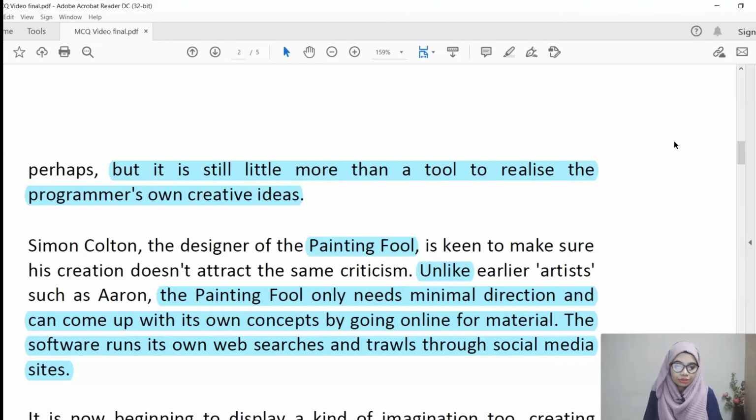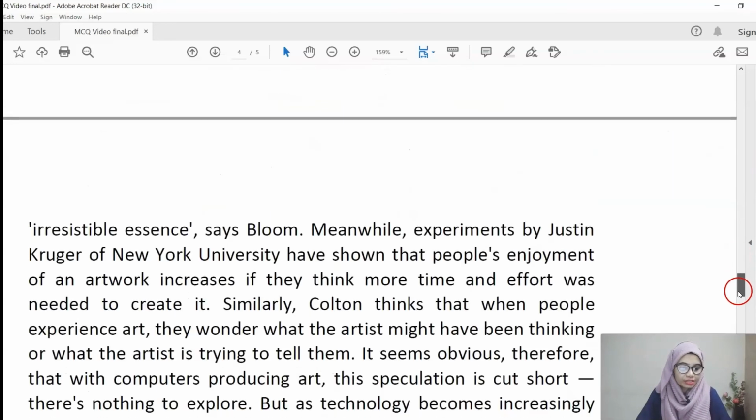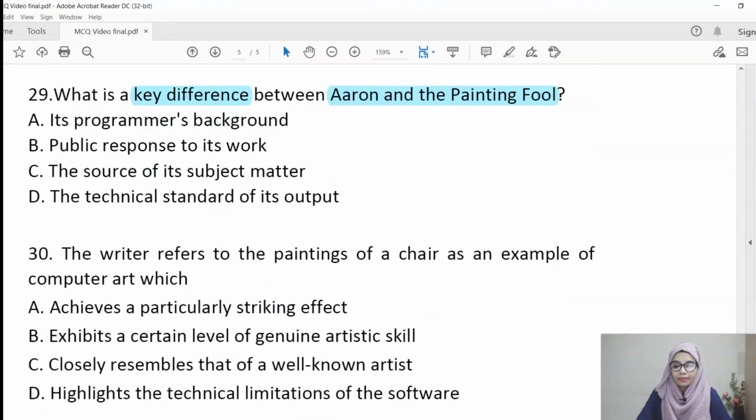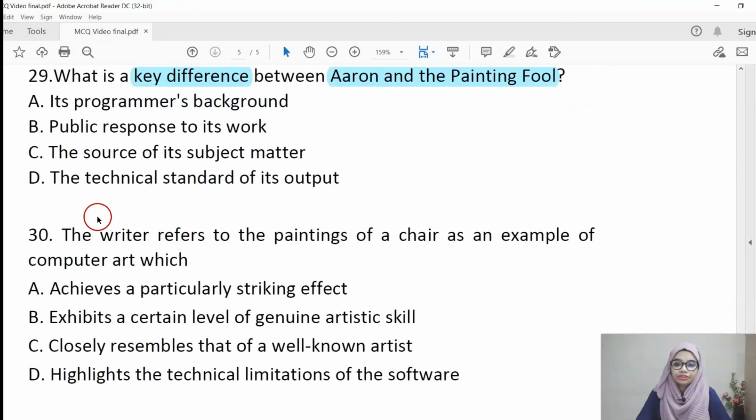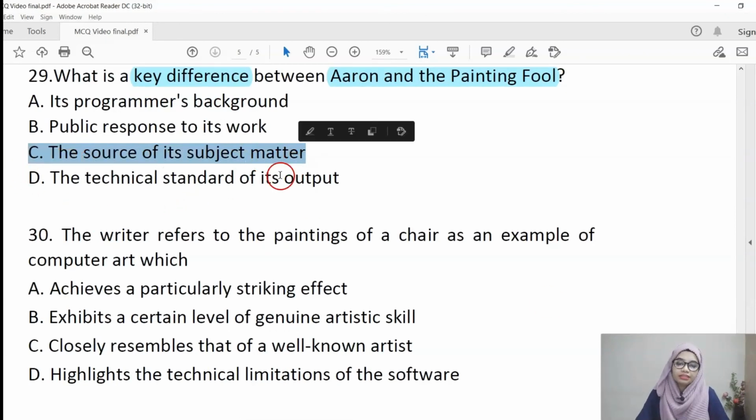So now I'm sure that the answer is the source of its subject matter, since in the first case, Aaron is mostly dependent on the programmer, whereas the Painting Fool is able to use the internet. So I'm going to say the source of its subject matter, C, is the right answer.